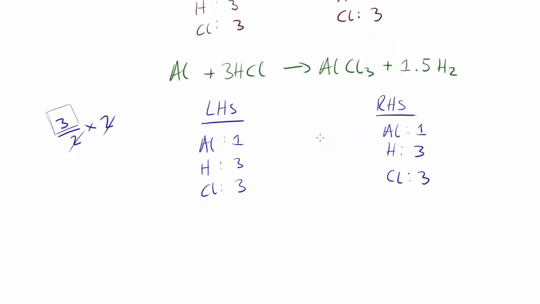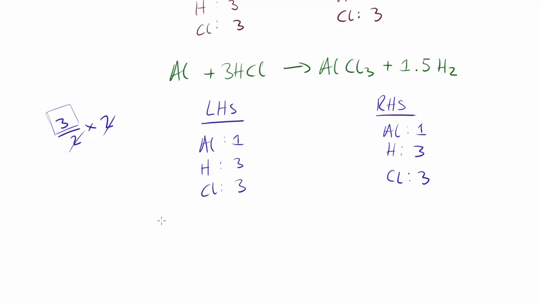So in this case, in order to make it whole numbers whilst keeping it balanced, what we simply need to do is double everything. If we double everything, it's going to be balanced and it's going to be whole numbers. It's already balanced, but when we double it, we're going to have all whole numbers and it's going to be balanced.